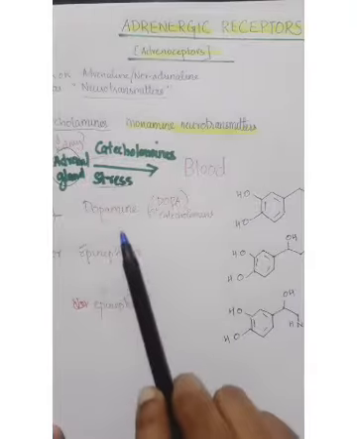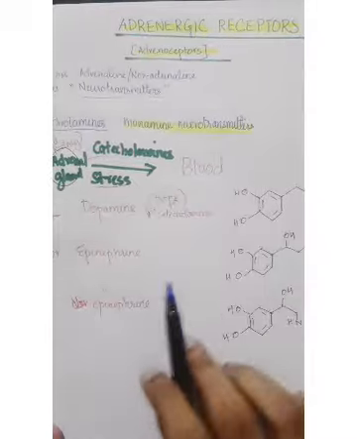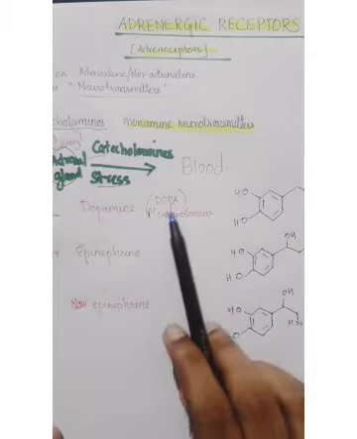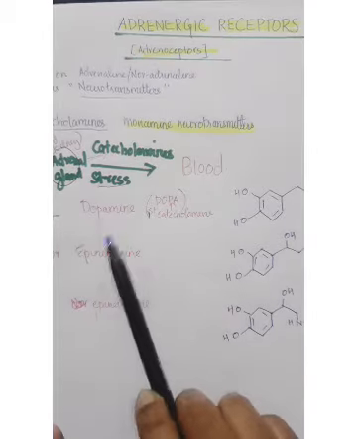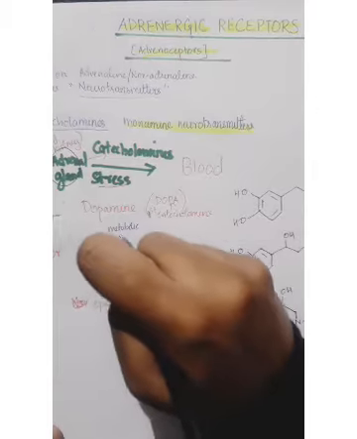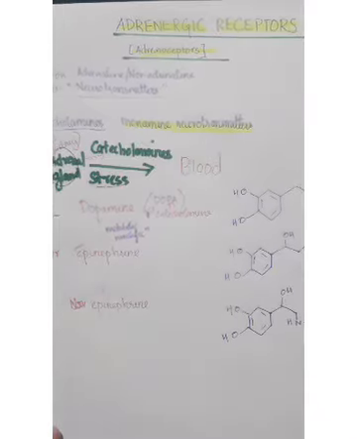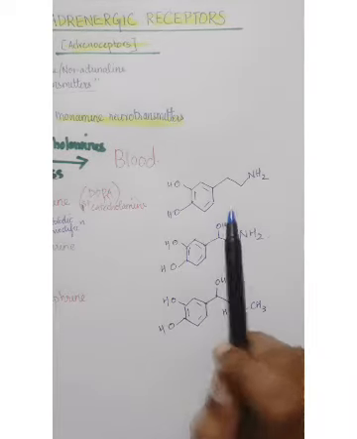As we have studied earlier, dopamine is the first catecholamine, biosynthesized from DOPA, and by metabolic modification we further get epinephrine as well as norepinephrine. In epinephrine and norepinephrine we have this OH here, but dopamine is devoid of that OH group.